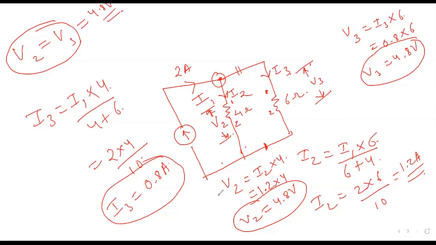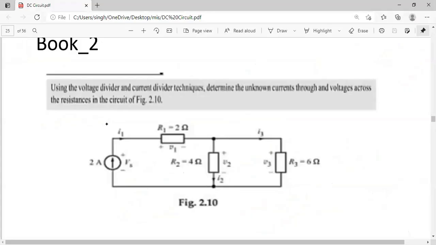Okay, so the current values are I1 is 2, I2 is 1.2, I3 is 0.8. These are the values of the currents.